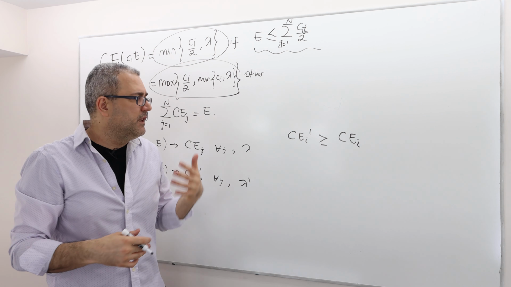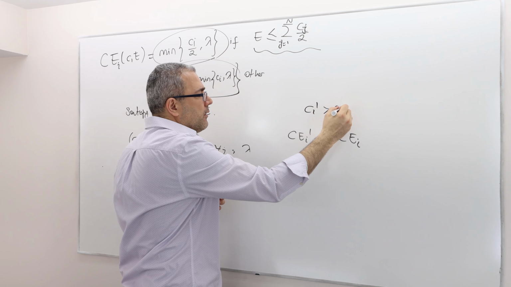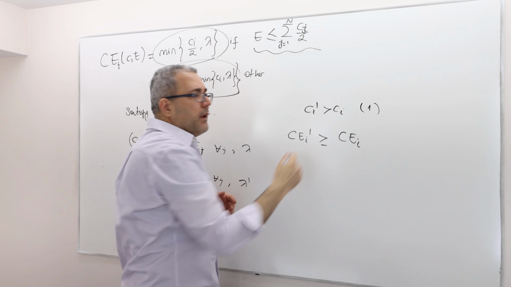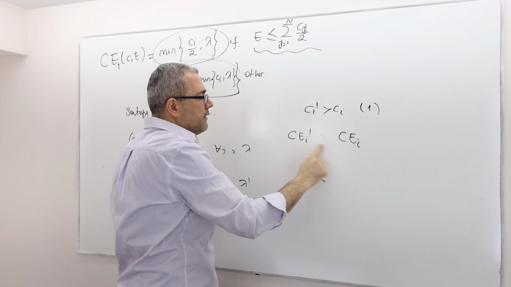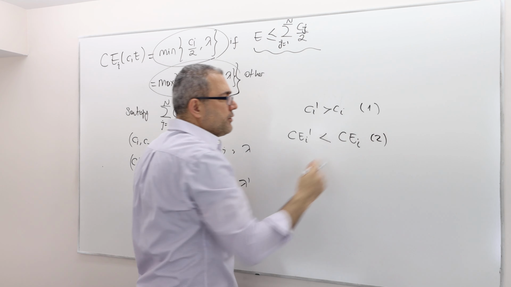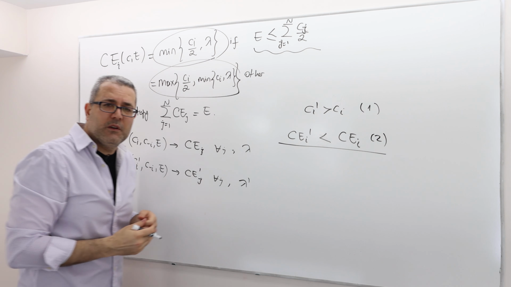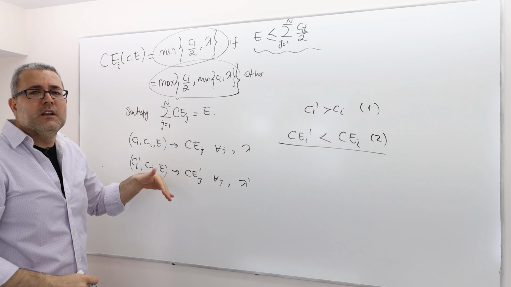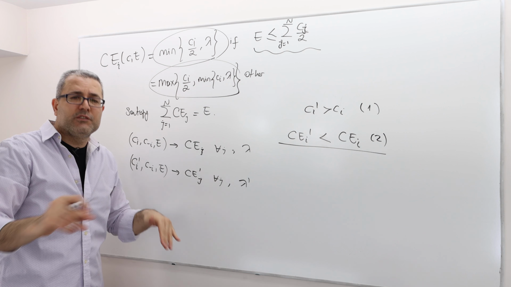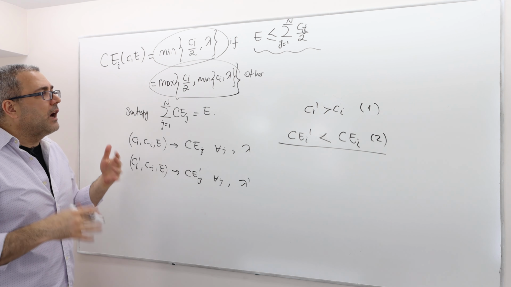That means there's going to be some player i who has a higher claim. Let's call this assumption 1, but this doesn't hold, so therefore it's strictly less. So this is assumption 2. So I have two assumptions. Then, by using these two assumptions, I need to deduce some facts and then reach a contradiction for each and every one of them. How do I do that?